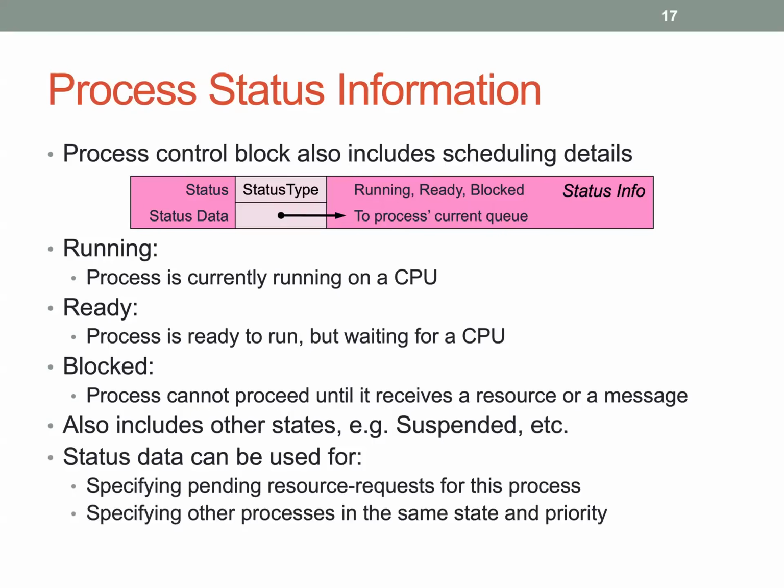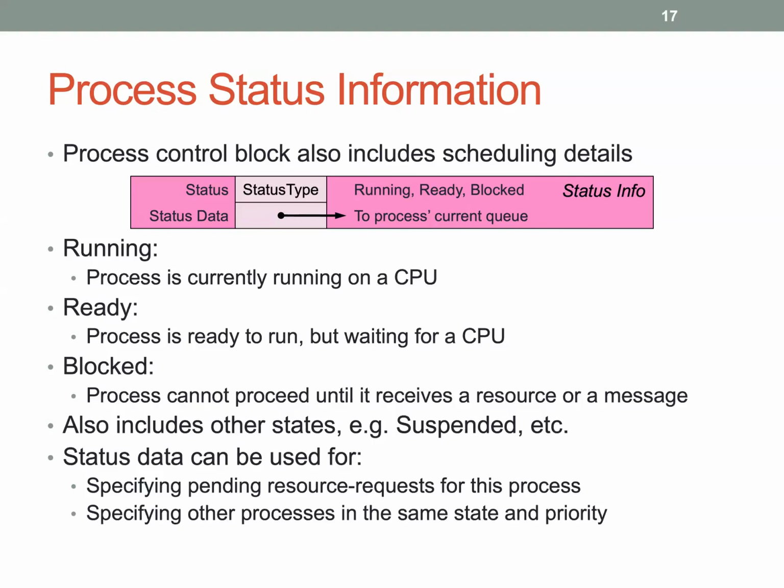Status data can be used for specifying pending resource requests for this process, other processes in the same state, and priority. One curious characteristic or artifact of the way that our process abstraction works is that a process is always in one queue. If it's ready to run, it's in the ready queue; if it's not, it's in a queue blocked on some resource.